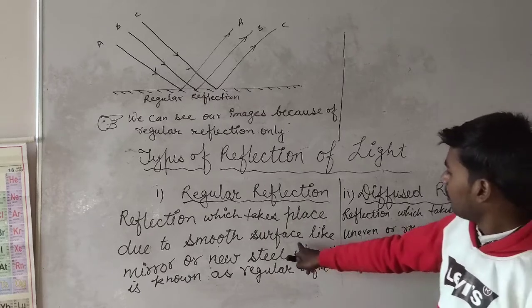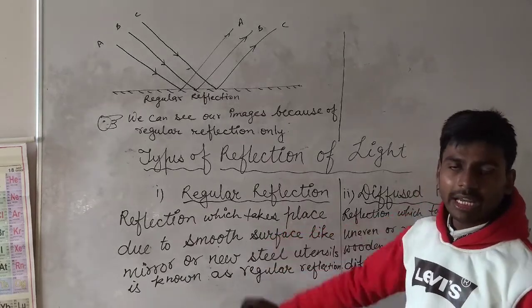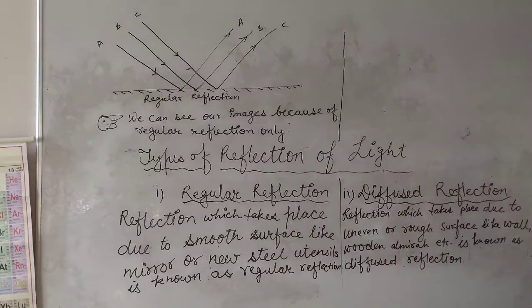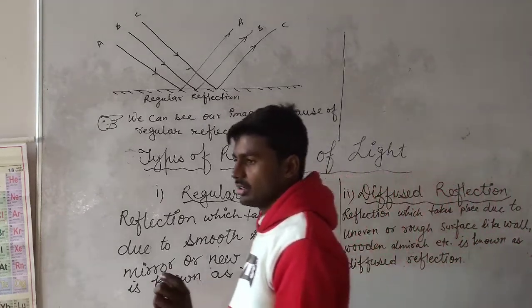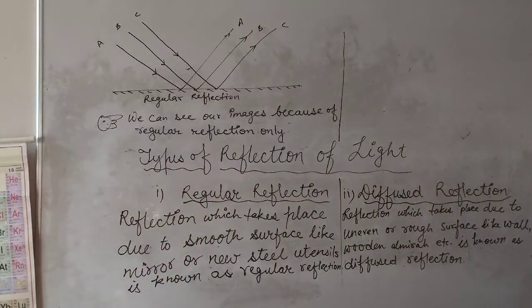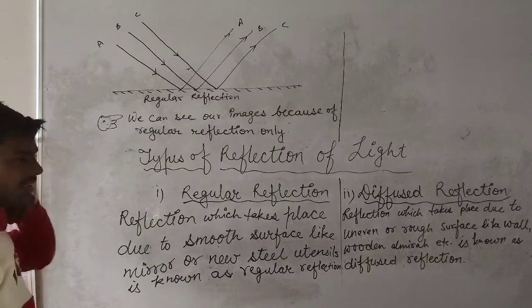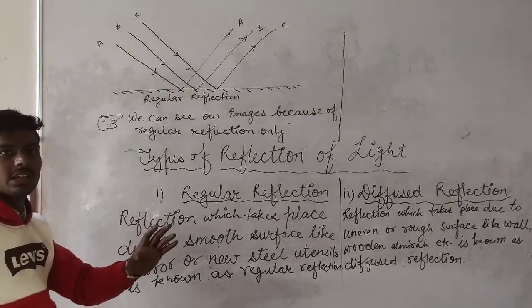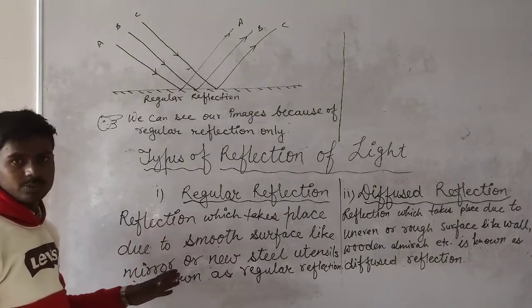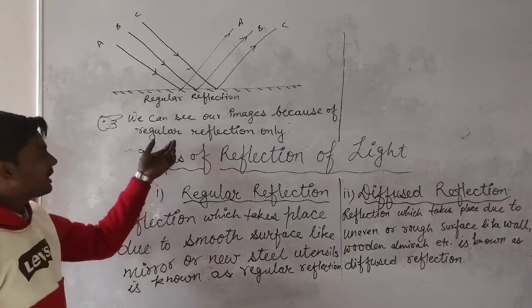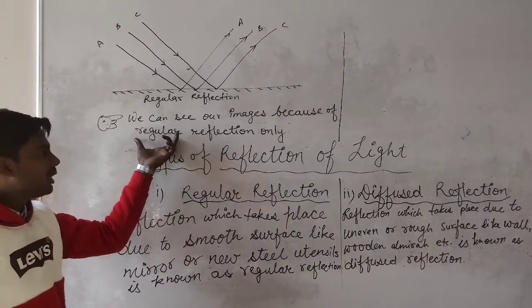Reason? The mirror has a smooth surface and the reflection from the mirror is regular reflection. Also, if you have purchased a new spoon or any new steel vessel with no scratches, you can see your image in that also, because it provides regular reflection.